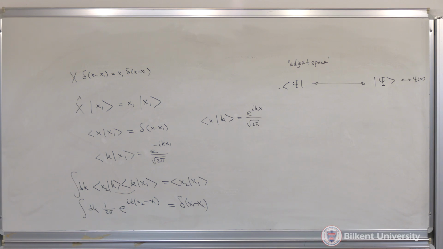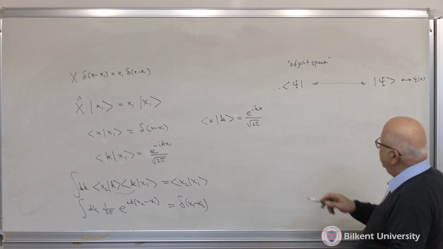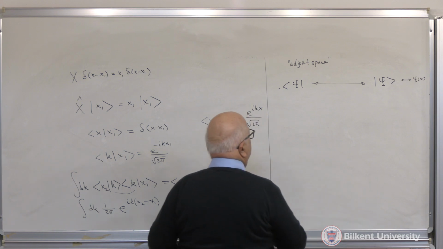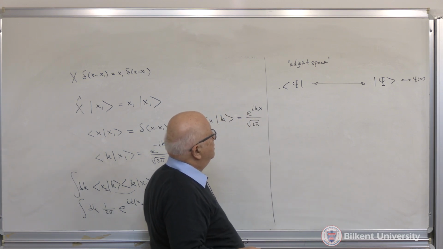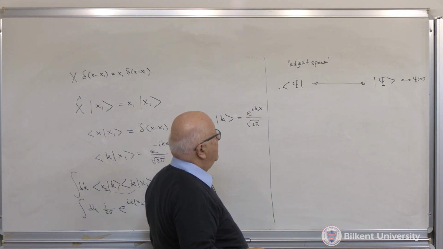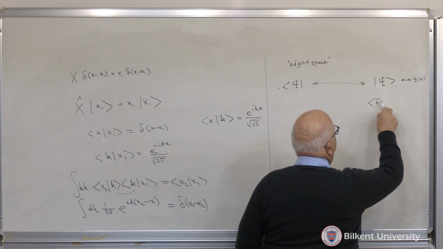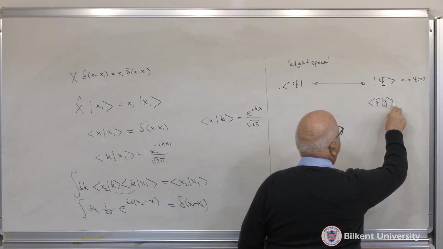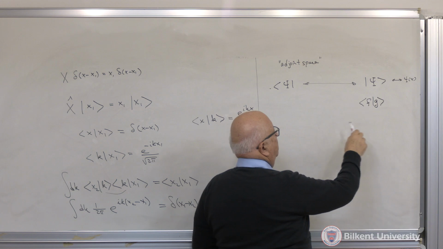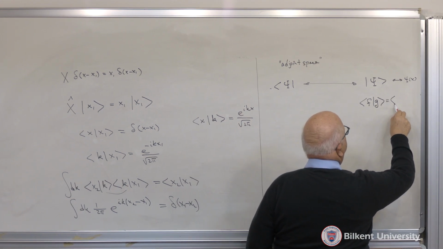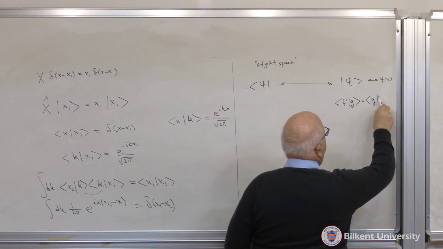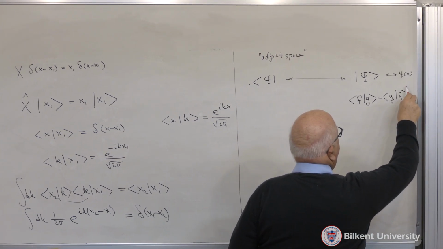Okay, so perhaps this table we can extend a little bit. If I have, for example, F inner product with G, we know from definition that this is G, F complex conjugate.